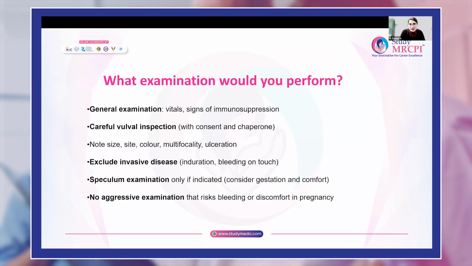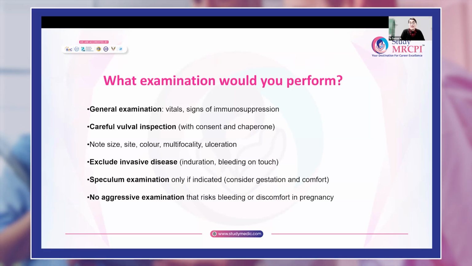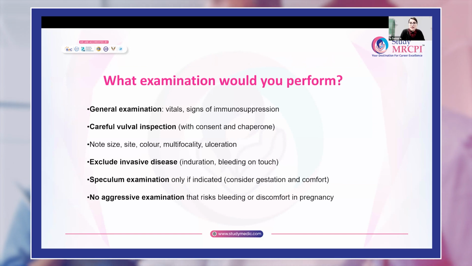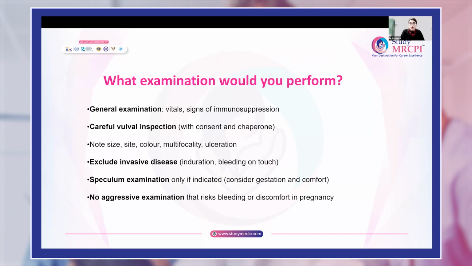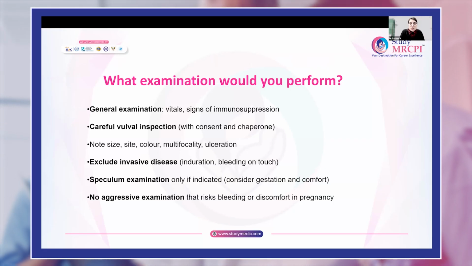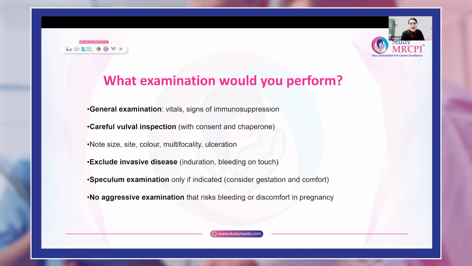Examination would include general examination about general well-being, observations, and careful vulval inspection with consent in the presence of a chaperone, to see the site of the lesion, size, color, multifocal lesions if there are any, and ulceration to exclude invasive disease. Speculum examination to see the cervical status of the woman.